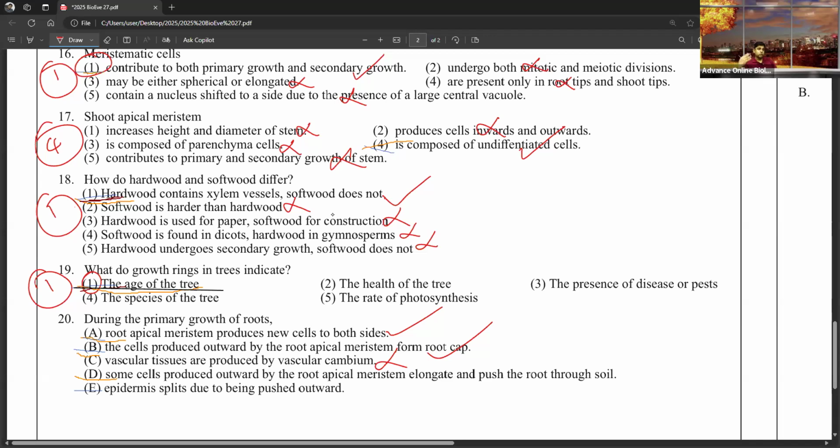Outward is actually growing the root cap, and then maintaining the root cap. So this is, I think, wrong. We can't take that. Epidermis split due to being pushed outward. During the primary growth, epidermis push, wrong. So I'm taking AB as the answer. Hope you agree with me for that.